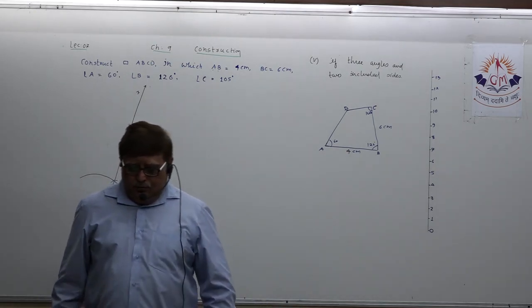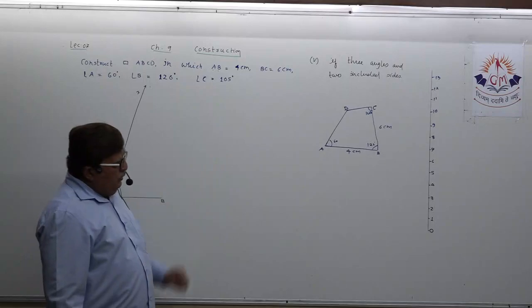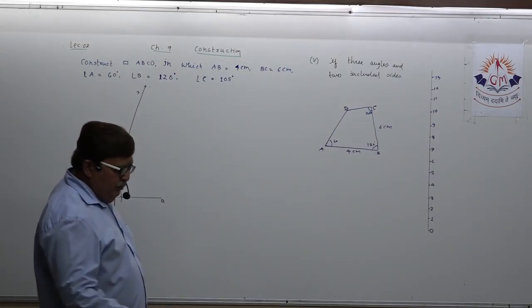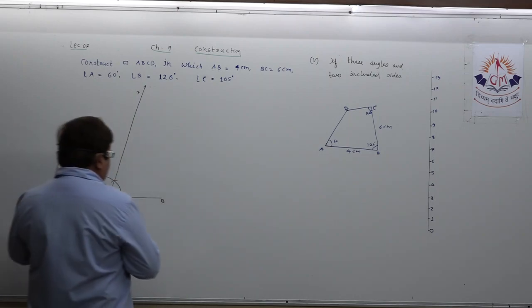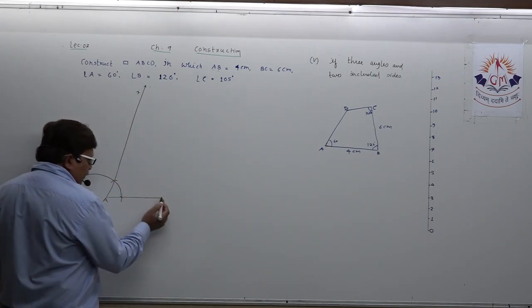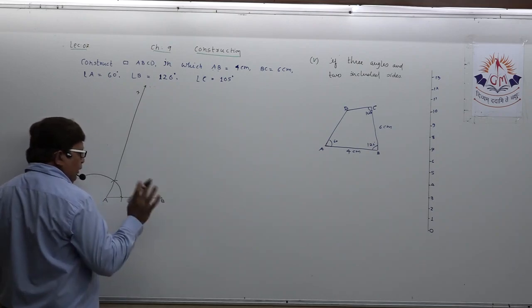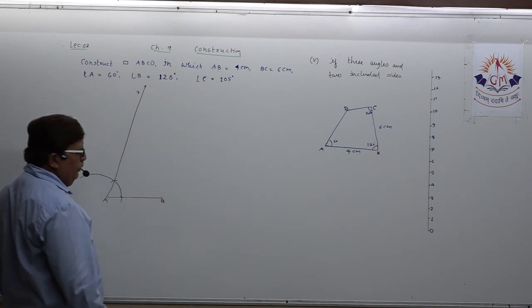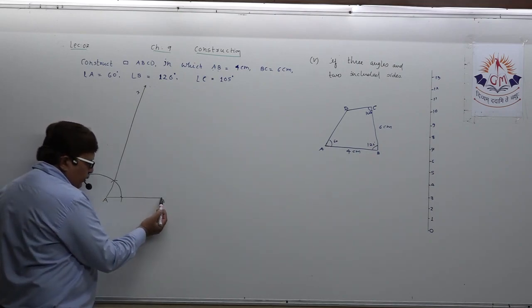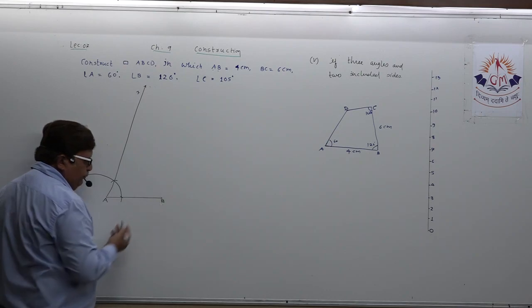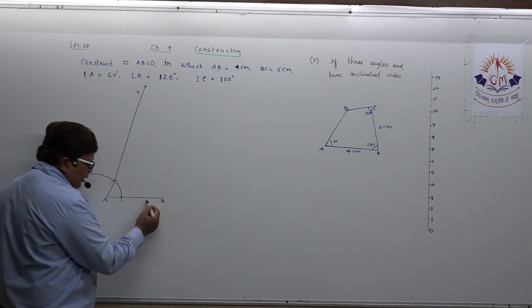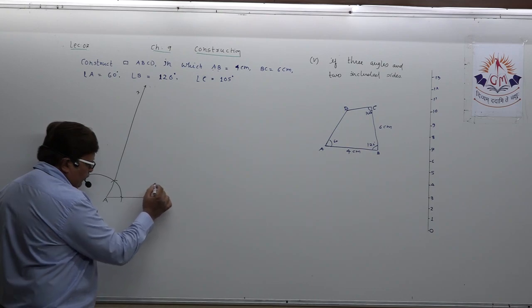Okay, now dear student, we have to target angle B, which is already 120 degree. How to construct angle of 120 degree? You all know very well. First, center your compass at B. Yes, taking some appropriate radius, draw a big arc this way.